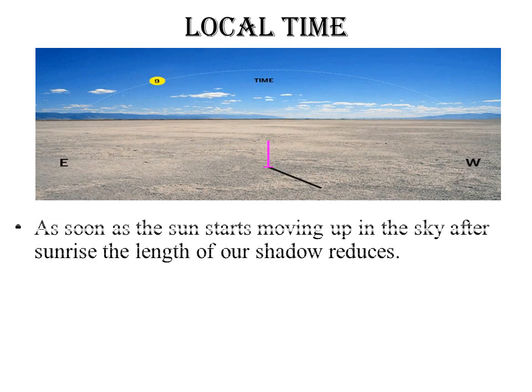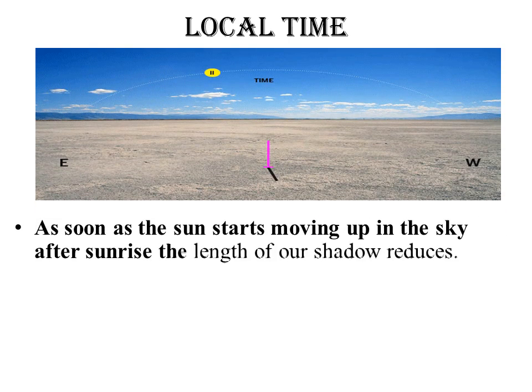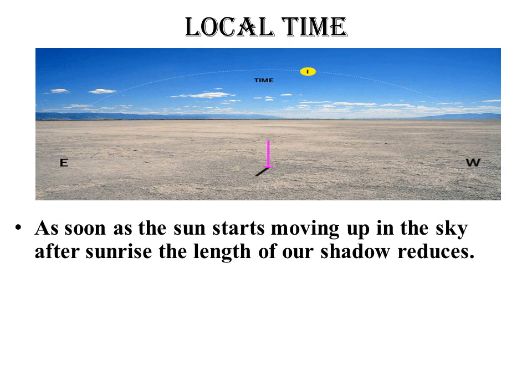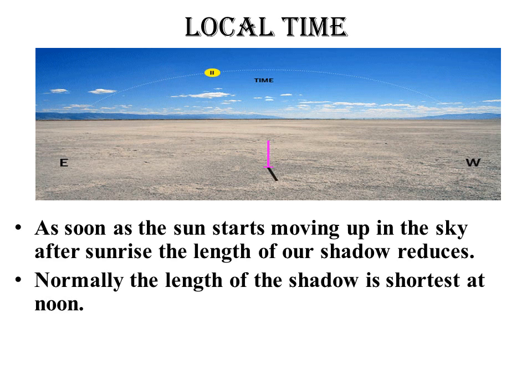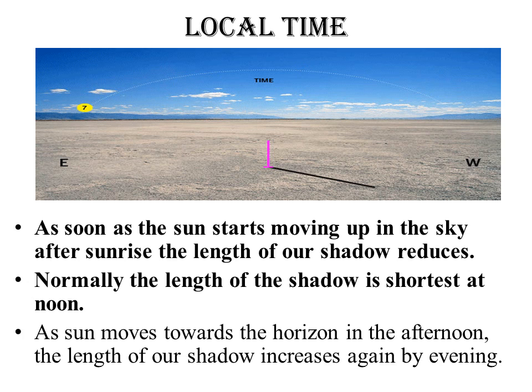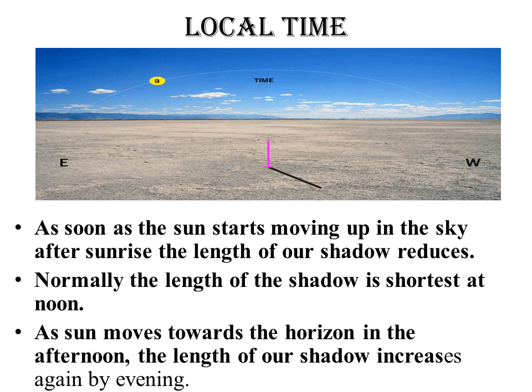Local time. As soon as the sun starts moving up in the sky after sunrise, the length of our shadow reduces. Normally, the length of the shadow is shortest at noon. As the sun moves towards the horizon in the afternoon, the length of our shadow increases again by the evening.